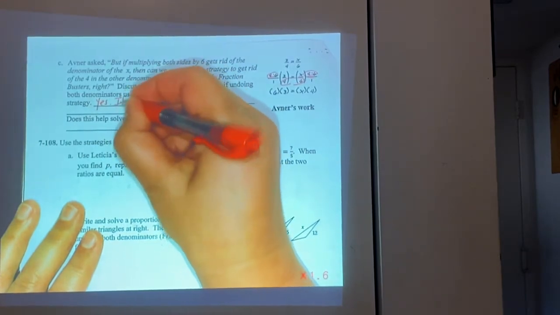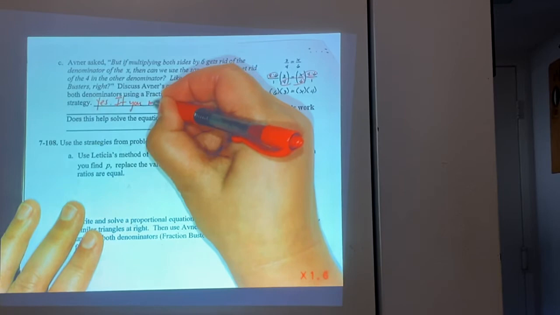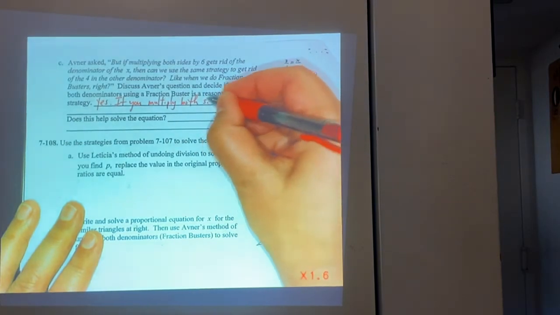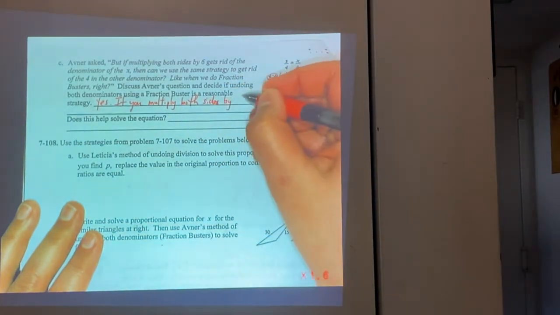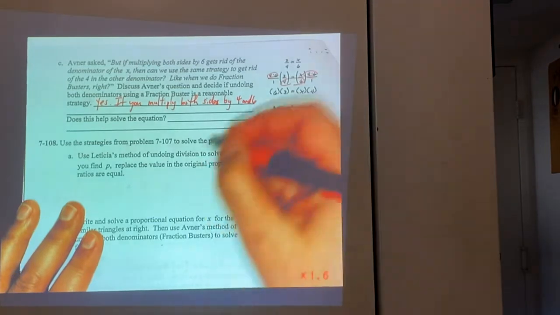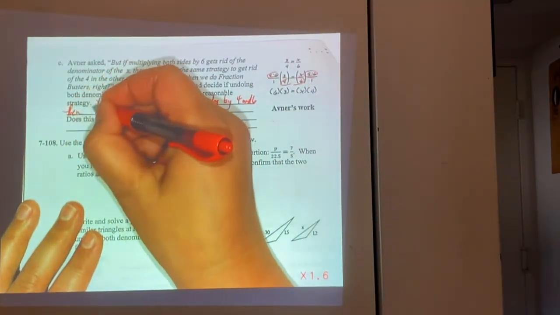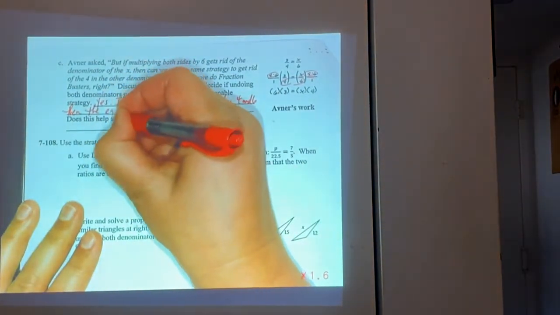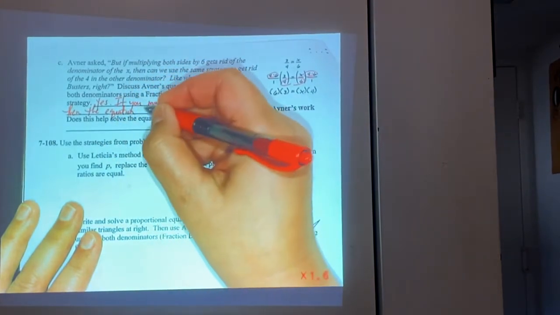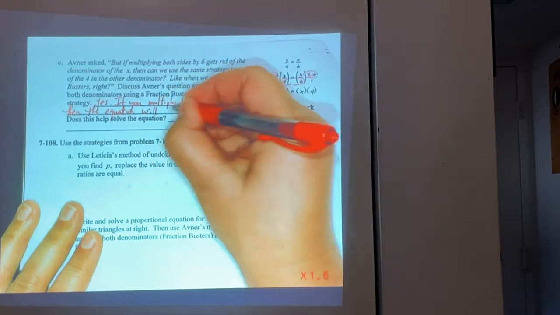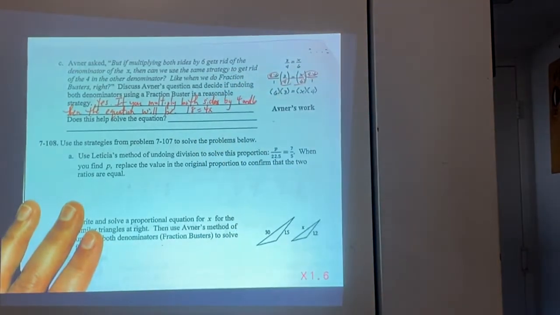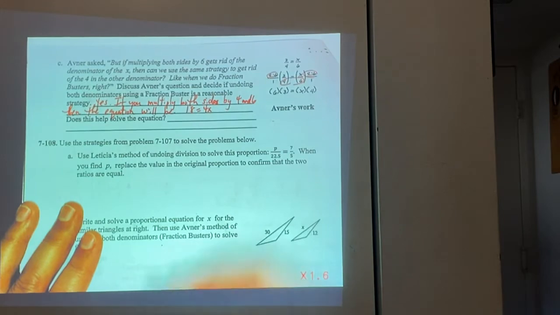If you multiply both sides by 4 and 6, then the equation will be 18 equals 4x. Does this help solve the equation? It makes it simpler.